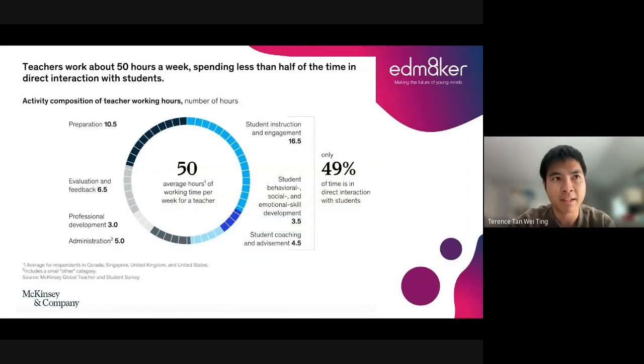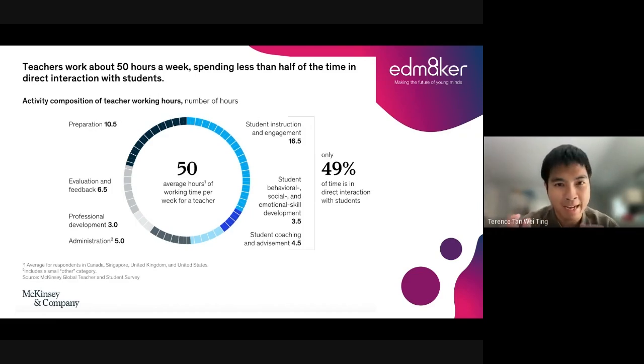And this is actually not that different from what teachers in developed economies face, right? So what McKinsey did was they polled teachers in the UK, Singapore, the US, and I believe there was one more country in Europe. And what they realized is that within 50 hours of working time a week for a teacher, and this is an average time, I know many of us work more than 50 hours, only 49% of time is in direct interaction with students.